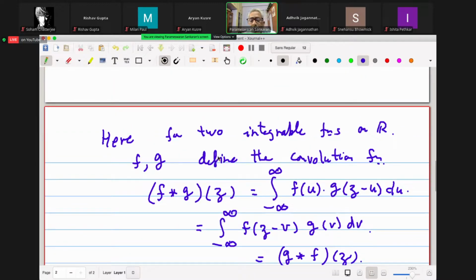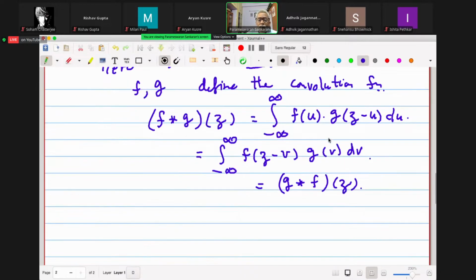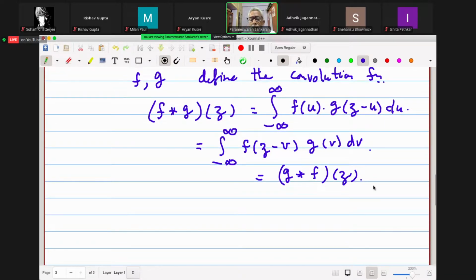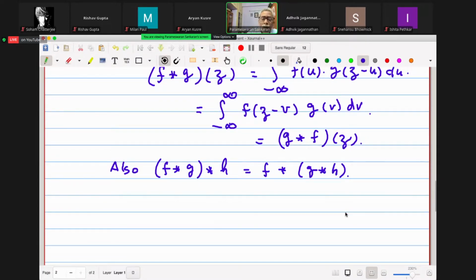So the convolution product is commutative and it's also associative. Also, f star g star h is equal to f star g star h, grouped differently. This is not surprising because suppose you believe that f, g, h are all density functions.